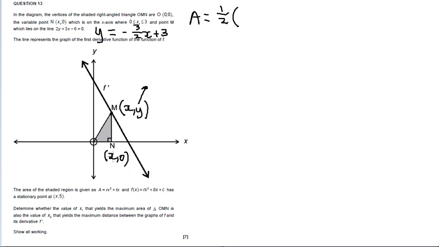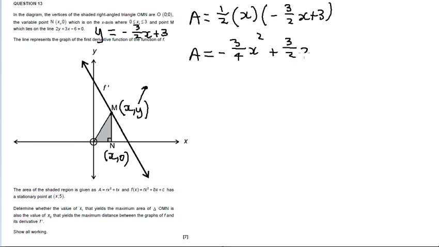The base is ON, which is x units, and the perpendicular height is the length MN, which is basically the y coordinate at M, which is negative 3 over 2x plus 3. I can now distribute the half x inside the bracket and get a formula for the area of the triangle. It's going to become negative 3 over 4 x squared plus 3 over 2x.